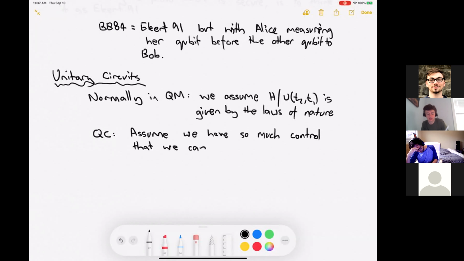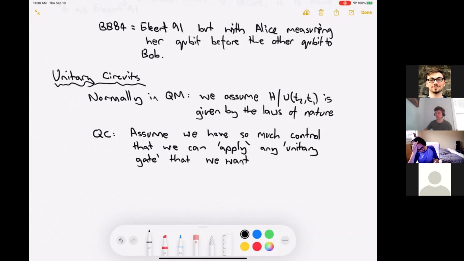That we can apply any unitary gate. So again, in quantum computing language that just means any unitary operator acting on some qubits that we choose to.